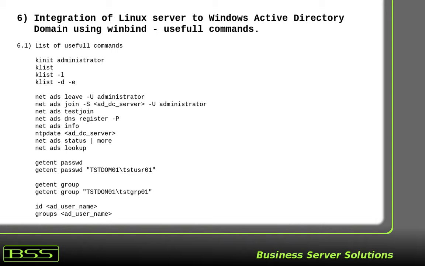Then netads leave -u administrator is for leaving the domain. Netads join -s tstAddC1 -u administrator is used to join the domain, and in case you have only one domain, you don't need to specify -s tstAddC1 because that's the domain controller.